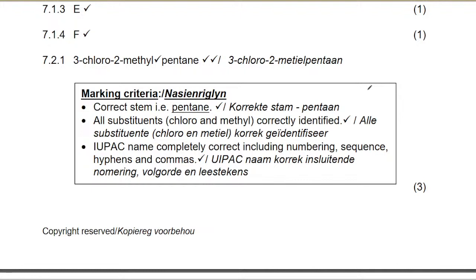Nambane, are you there? Yes. Is it my one? I'm asking because you have been marking a lot of chemistry for many years now, no? So bullet number 2 means we are not considering the order. As long as the methyl is there and the chloro is there, we give 1 mark.